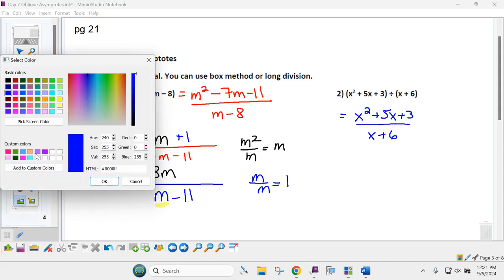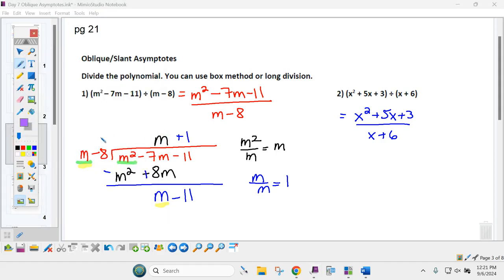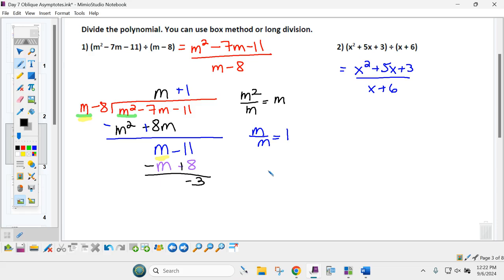Multiply it back, 1 times m, 1 times negative 8. Subtract. We get a remainder. So in the case of pure division, the answer is quotient plus remainder over divisor. When we apply this to slant asymptotes, I'm only going to care about the quotient.